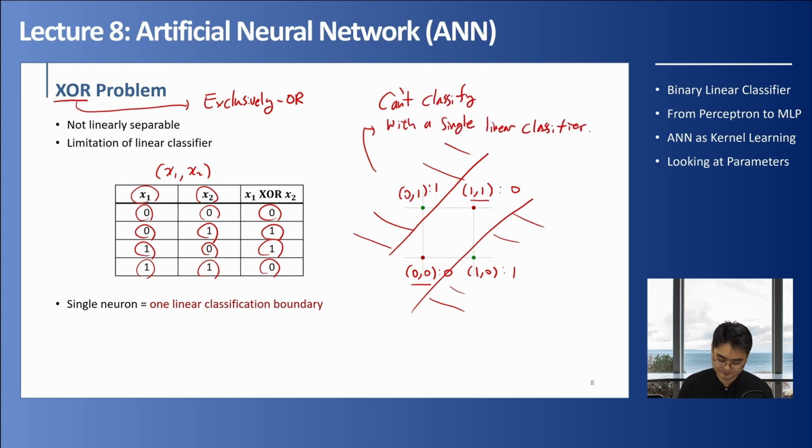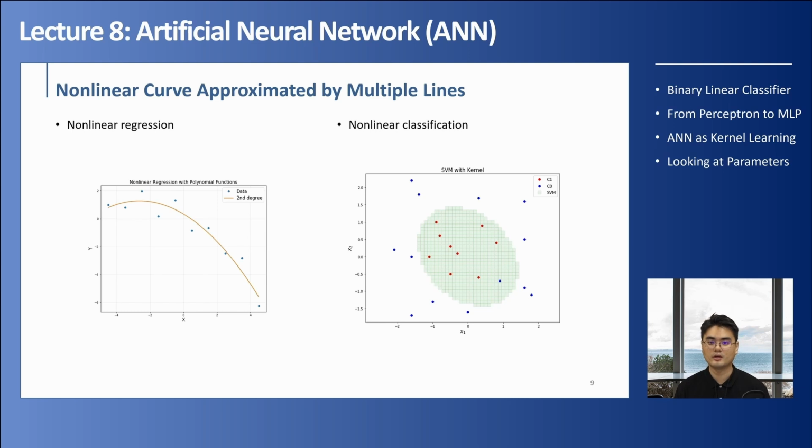This is because a single neuron indicates we have one linear classification boundary. However, in practice, we are dealing with very complicated lines, like a nonlinear curve. And to do this, we can imagine doing some approximation of these nonlinear curves using multiple lines.